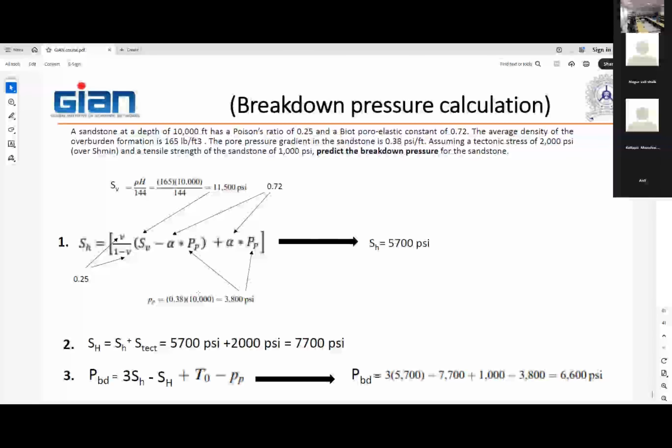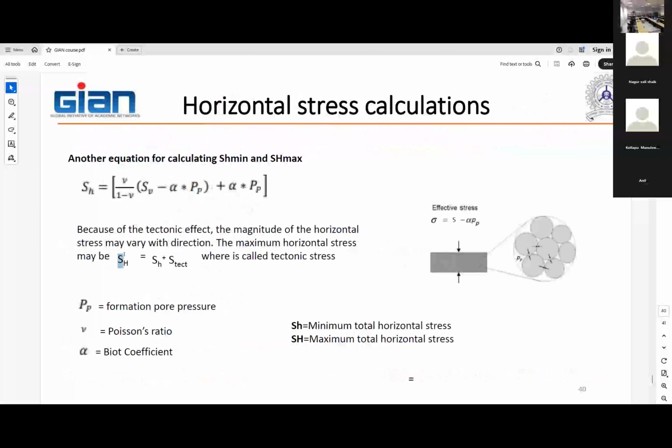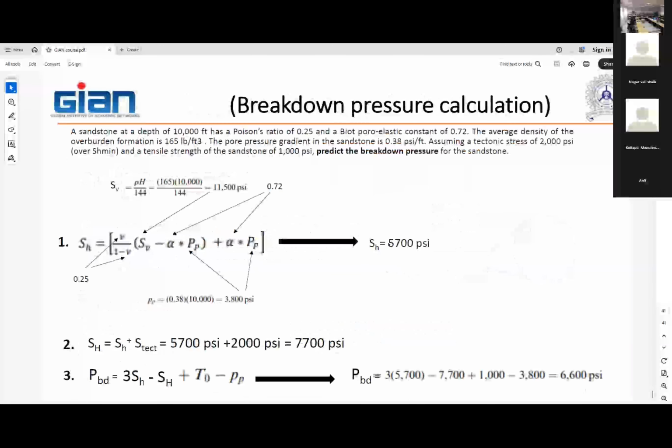So 0.38 times 10,000, 3,800. So you put it there. So you get SH min, the minimum horizontal stress, of 5,700 psi. Okay. Now you add 2,000 to that to calculate your SH max. You see in the previous formula, SH max equals SH min plus S tectonic. So 5,700 plus 2,000 is 7,700.